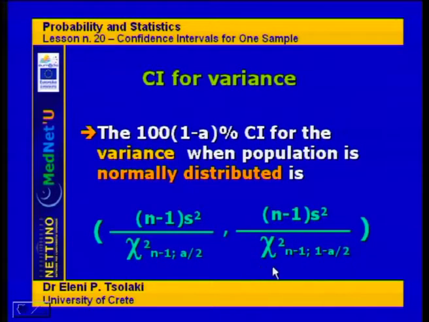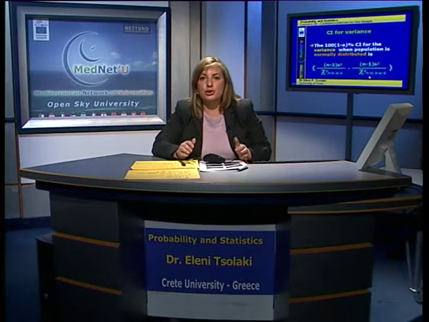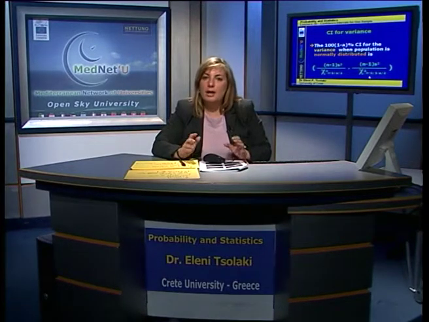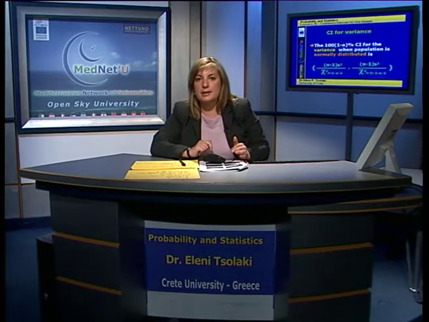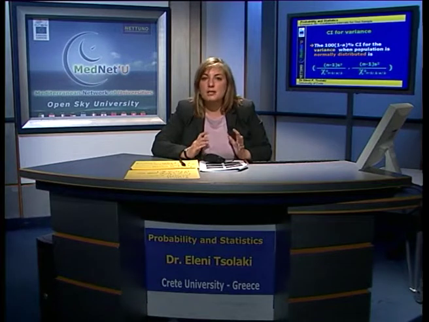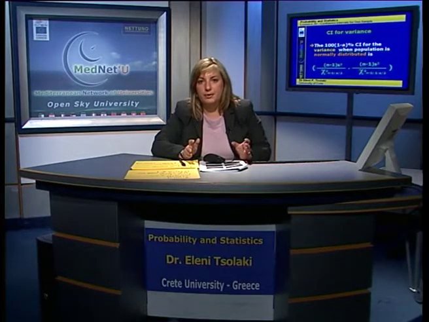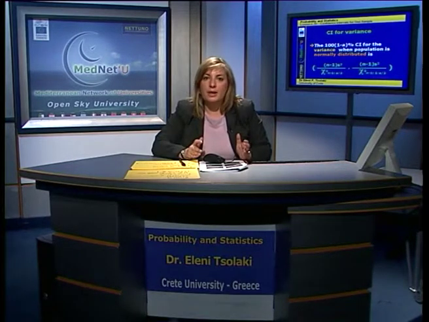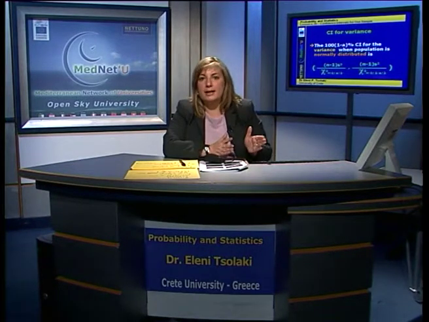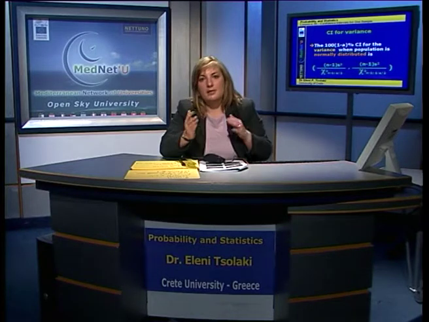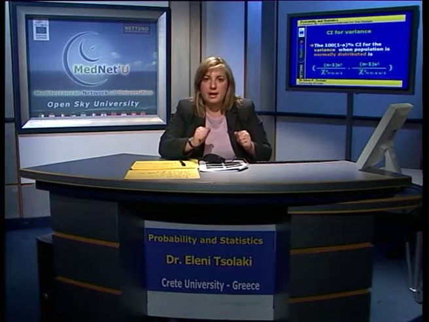Now, the difference between this distribution and the normal distribution or the t distribution we have already seen is that this distribution is not symmetric. So we do not take the same area from one side and the same area from the other side.